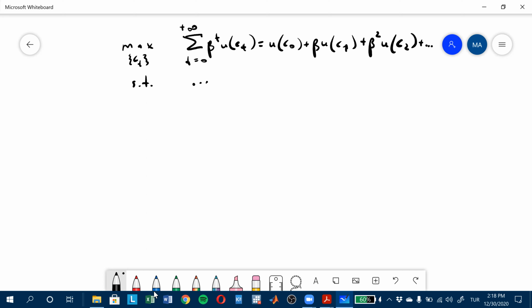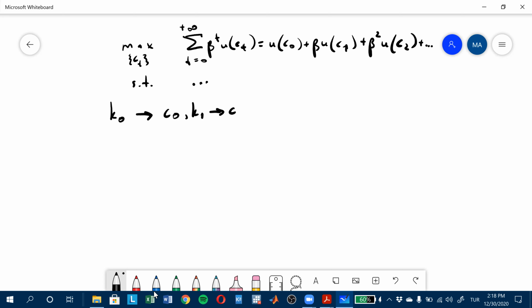Now, what is the first thing we have to choose? Well, the first thing we have to choose is, of course, given our state, we choose C0, right? And then the budget constraint and C0 give me K1.